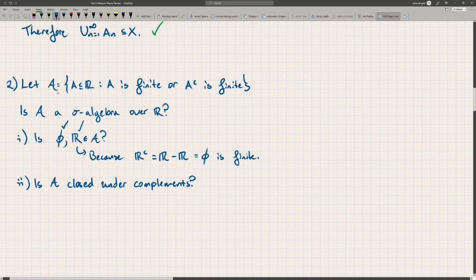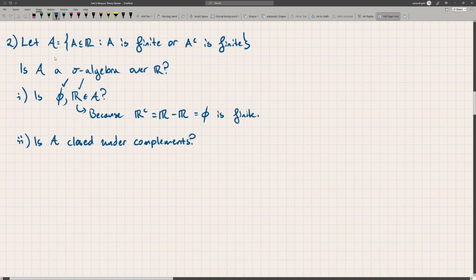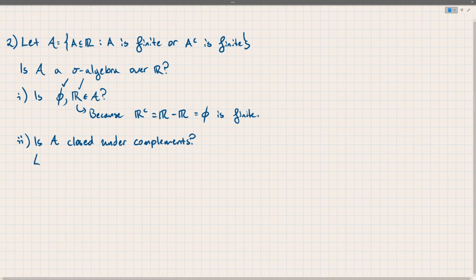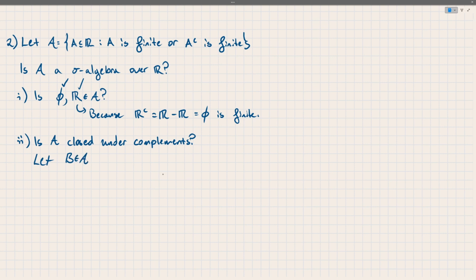We just take any element of A and see, is its complement also an element of A? So I'll use a different letter: let B be an element of A. By definition of our collection, either B is finite or its complement is finite. So we need to consider both cases.